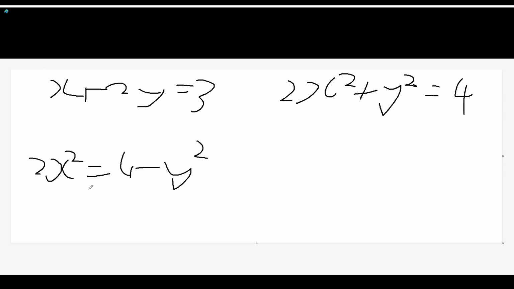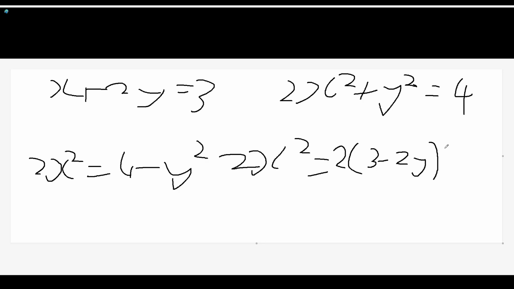And then we're going to put this into the same format, which is going to be 2x squared is equal to 2 times (3 minus 2y) squared, right?